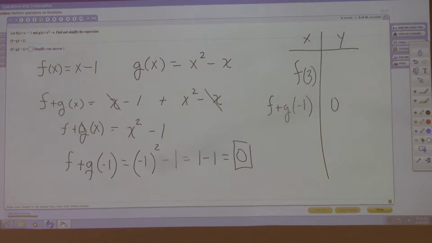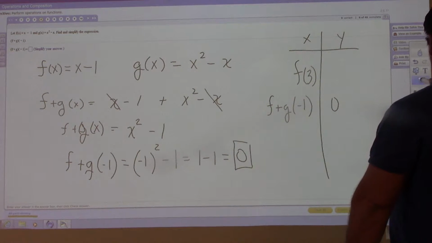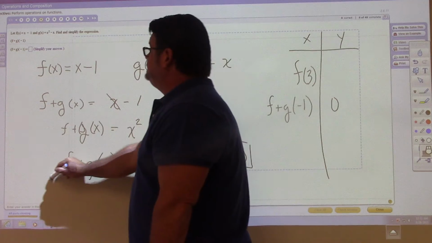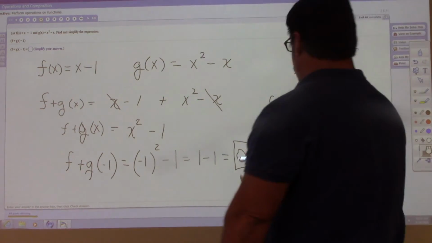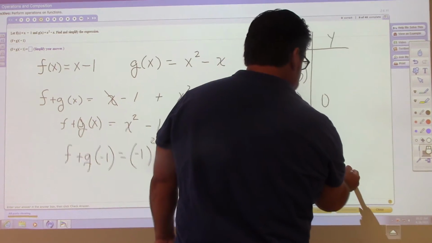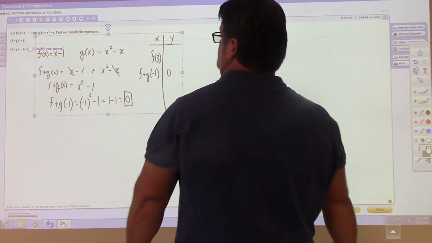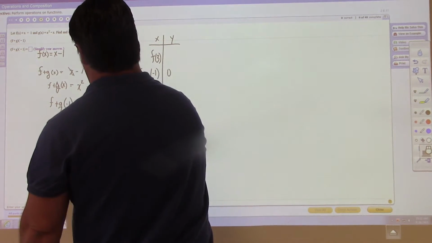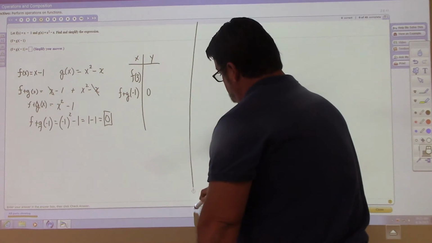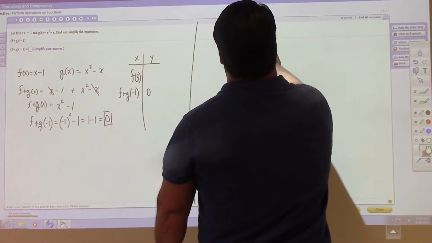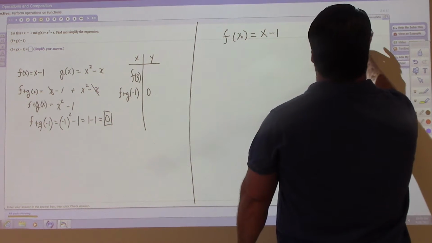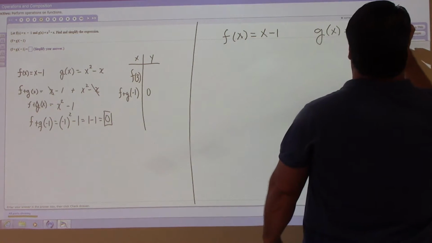Now, how's the other way to do it? Well, the other way to do it. f of x is equal to x minus 1, and g of x is equal to x squared minus x.